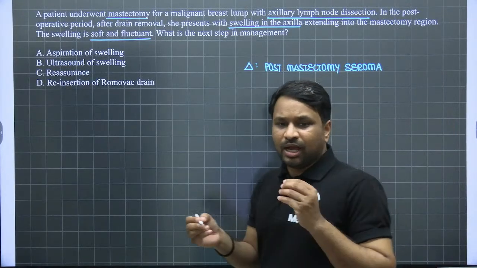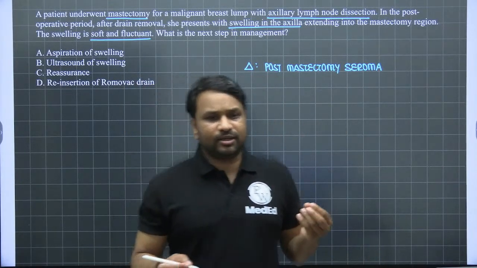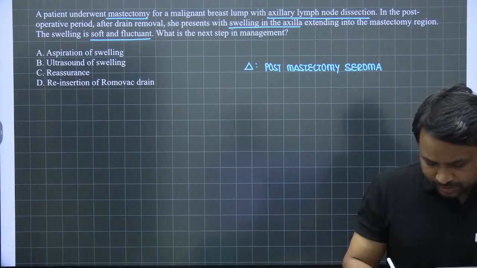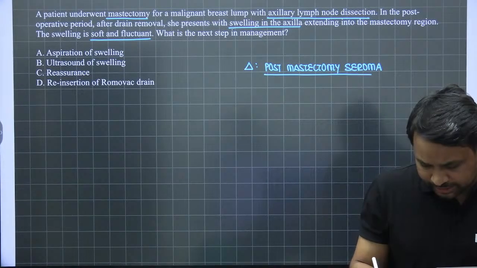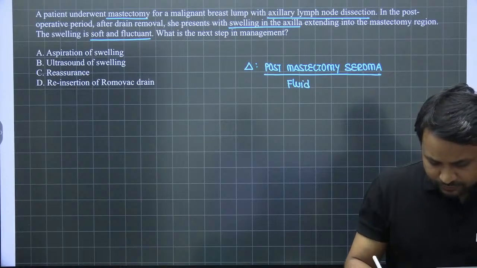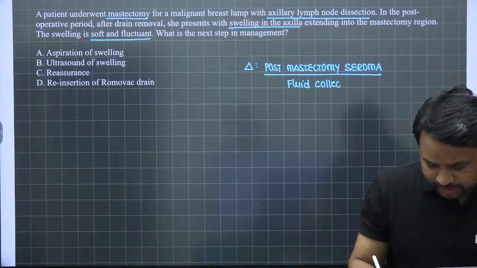Now, how do I get to an objective that it is a seroma? Obviously, it is soft and fluctuant. Seroma is nothing but an inflammatory fluid collection, basically a fluid collection in terms of inflammatory response.